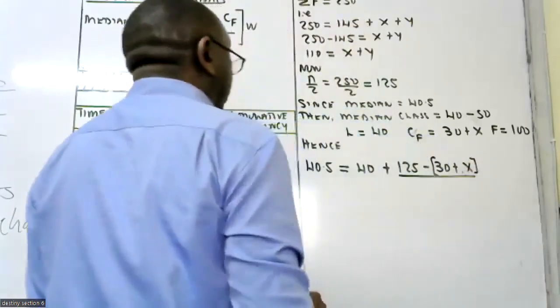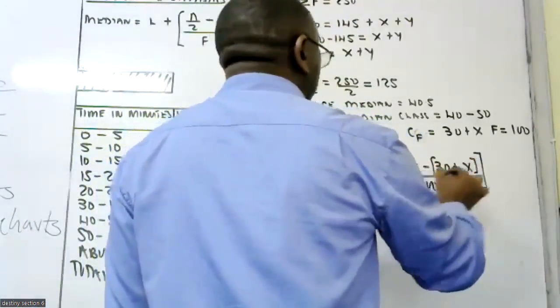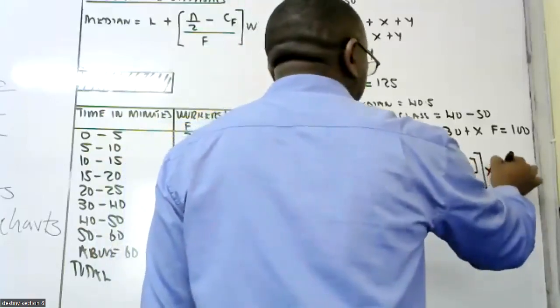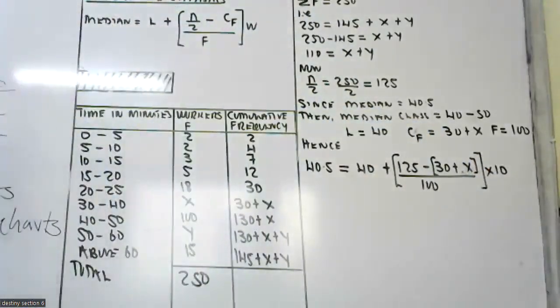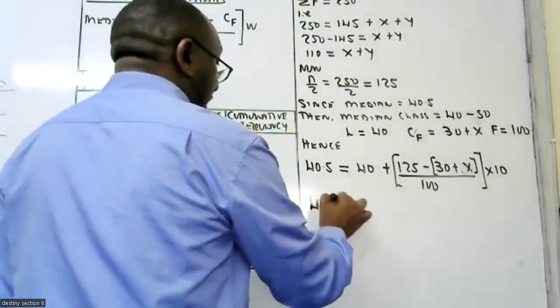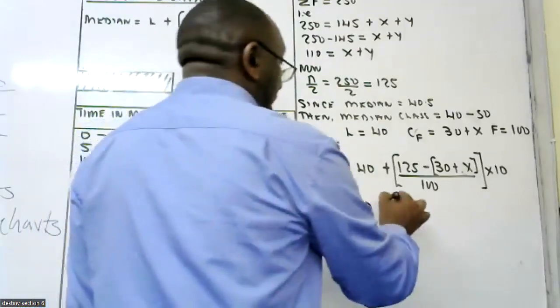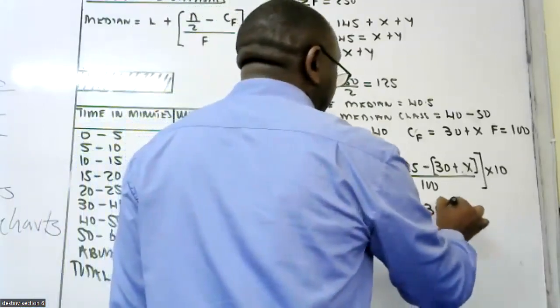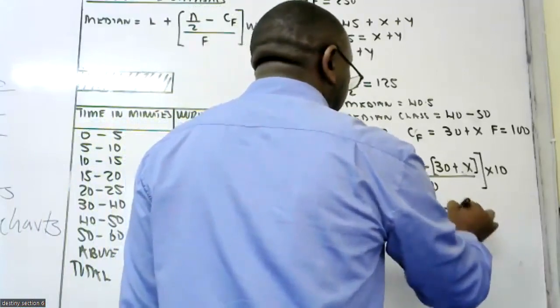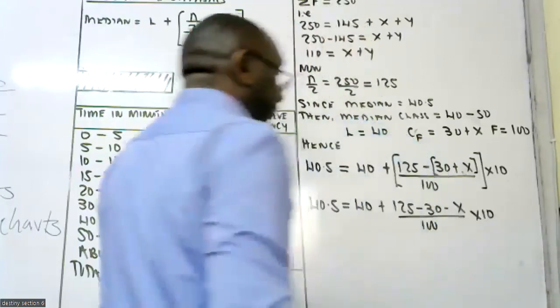You divide this by the frequency, which is 100. Then you multiply by the width, which is 10. The width there is 10. So this becomes 40.5 equals 40 plus 125 minus 30 minus x, divided by 100, times 10.